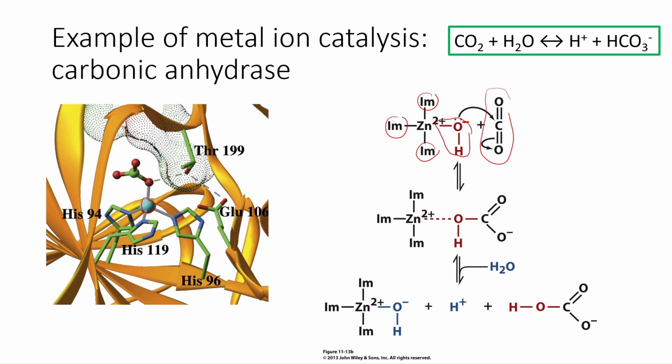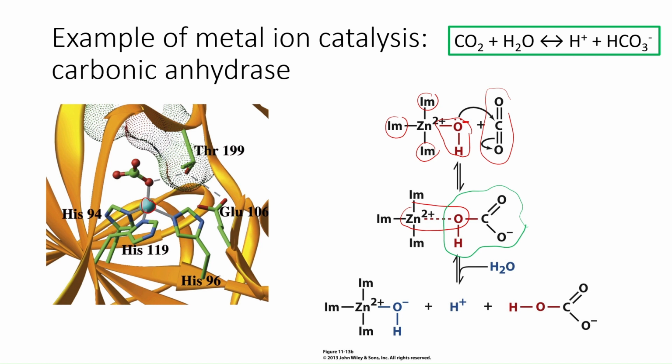So now we have all these extra electrons, they're attacking that carbonyl carbon, and ultimately helping to form this transition state that we see in the middle, that again, the zinc ion is helping to stabilize by coordinating with this oxygen. And at the same time now, you can already sort of see the shape of our bicarbonate molecule that is going to be the product of this reaction.